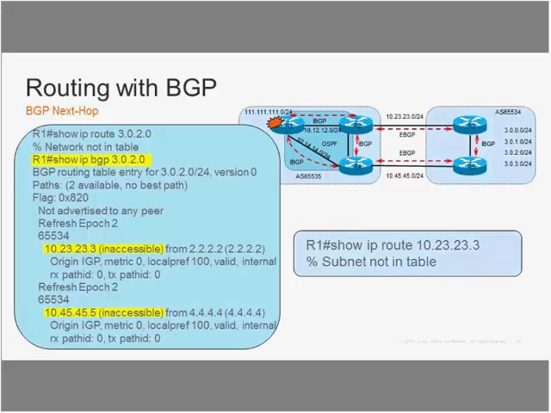Show IP BGP 3.0.2.0, we see the prefix in the BGP table, but notice that you're seeing 10.23.23.3 inaccessible, right? So what you can do is, when you see such kind of things, try to ping this IP from R1. So if you ping 10.23.23.3 from router 1, you will not be able to reach that. The ping will not go successfully.